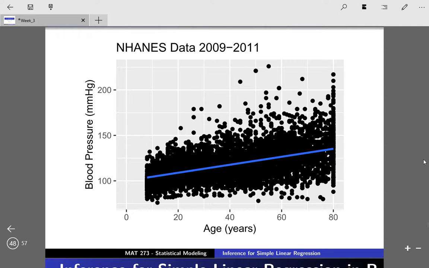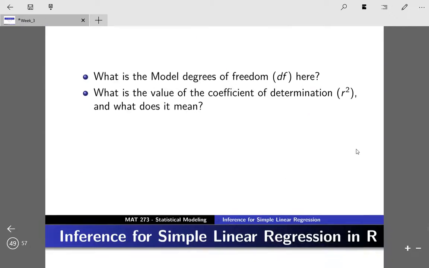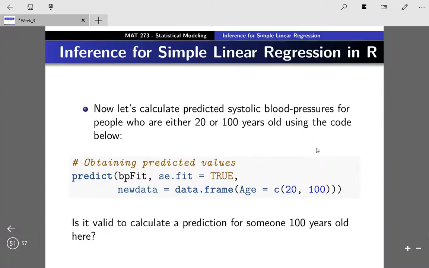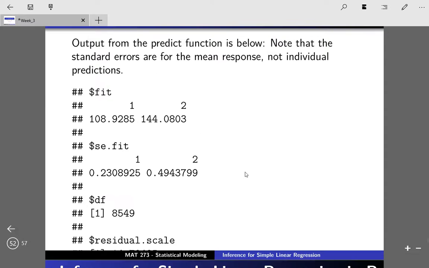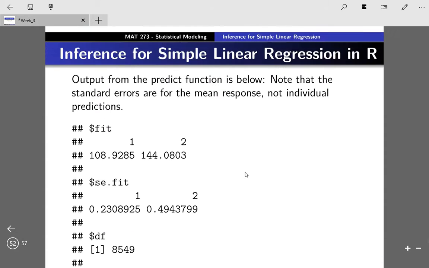So you would get messed up or turned around if you tried to assume that the relationship you saw in younger ages continued to hold into the older ages. So extrapolation, not a good idea. So it's not appropriate here to make a prediction for someone with this high of an age. However, we do it for demonstration for the sake of this problem.